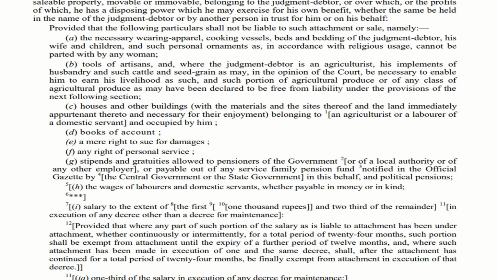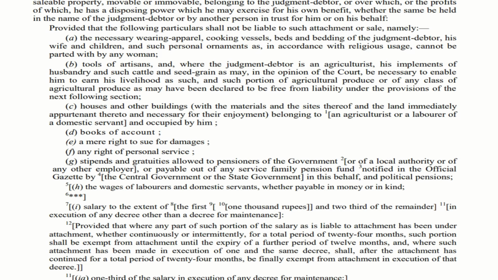There are some provisos which you need to understand. Let us move to the proviso and understand these one by one. The first, that is point A, is wearing apparel. If there is anything which the wife or children of the judgment debtor is wearing, that cannot be attached.